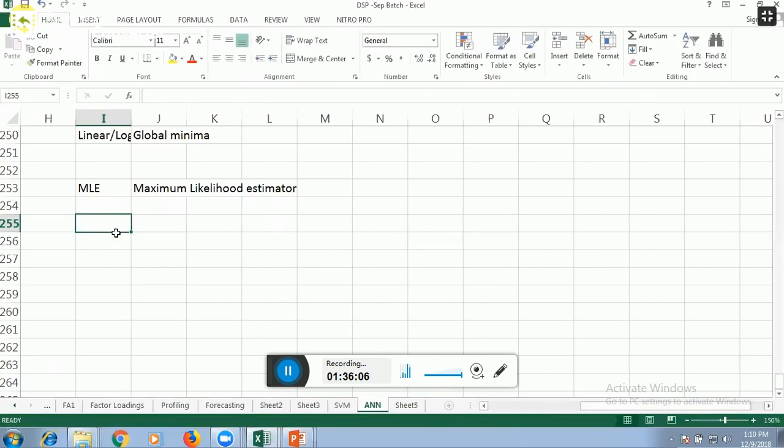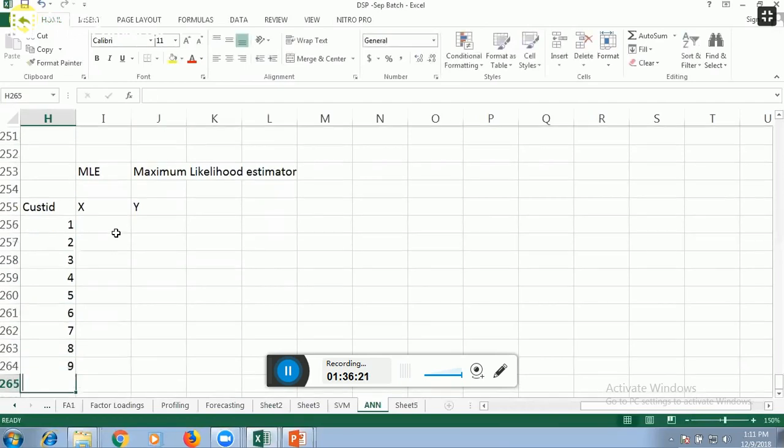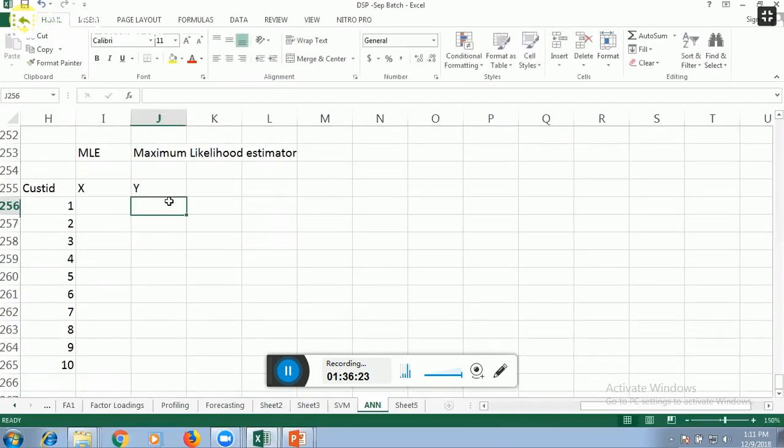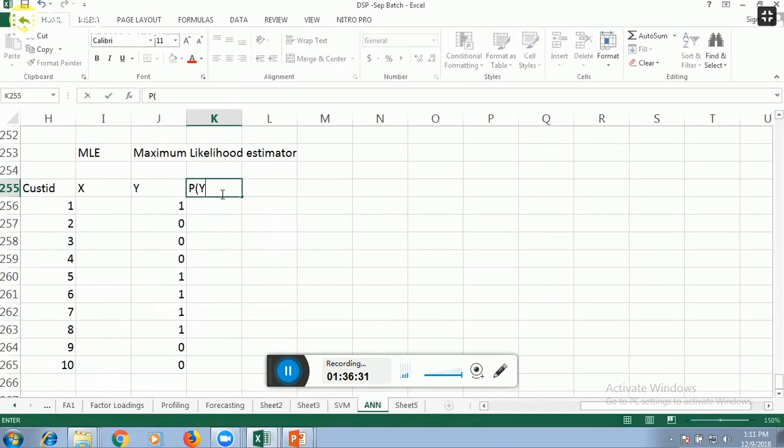Let me explain that. Suppose you have y, and of course you have x variables, for example in any classification problem. Say you have customer IDs 1, 2, 3, and y values 1, 0, 0, 0, 1, 1, 1, 0, 0, 0, and you also get the probability of y equal to 1 and the probability of y equal to 0, which is nothing but 1 minus the probability of y equal to 1. Correct?